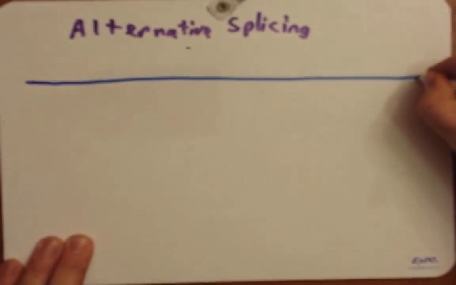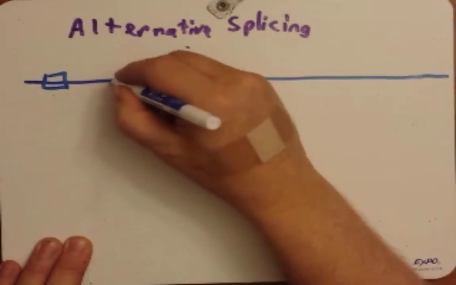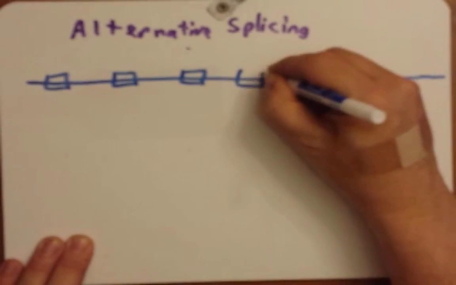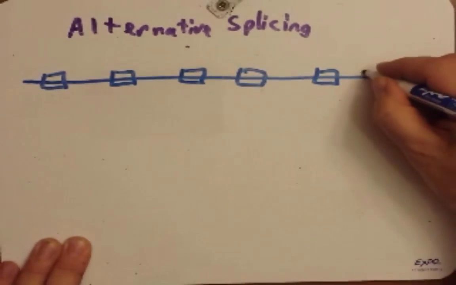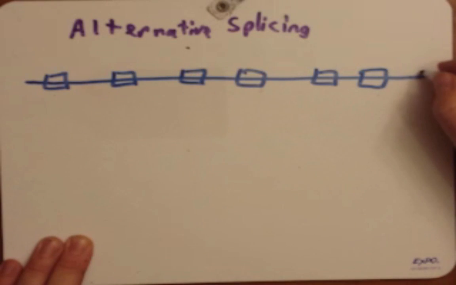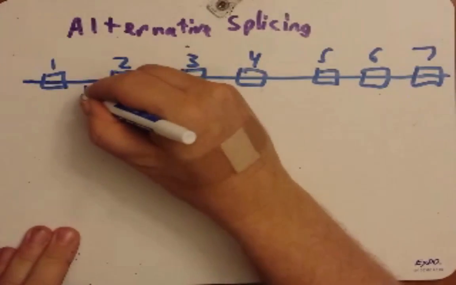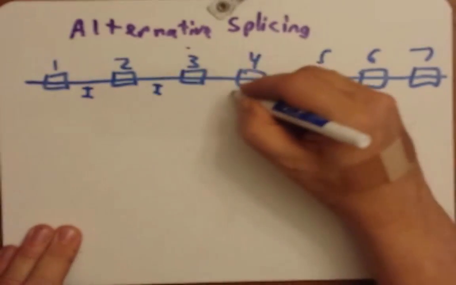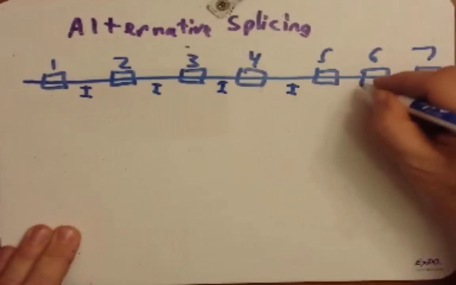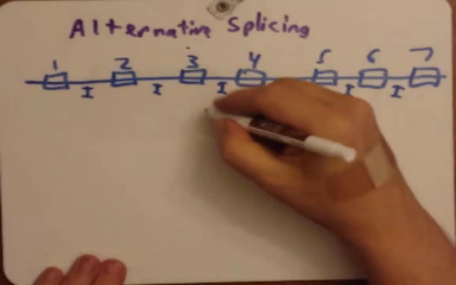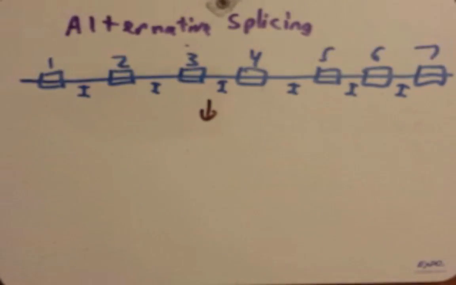And remember, we said you could have a gene that had multiple exons. In this example, we have 7 exons, and in between them we have introns. And when we first introduced this idea, we said that all of these introns are removed.